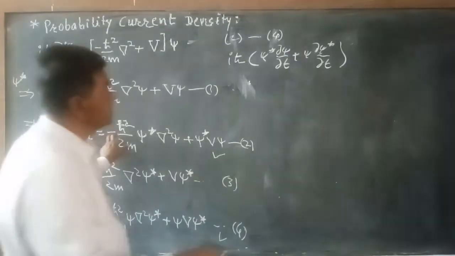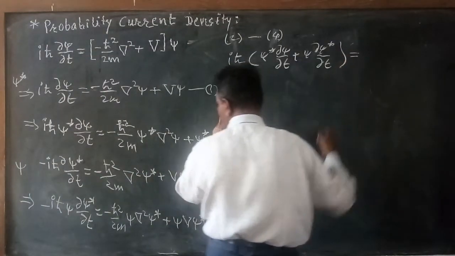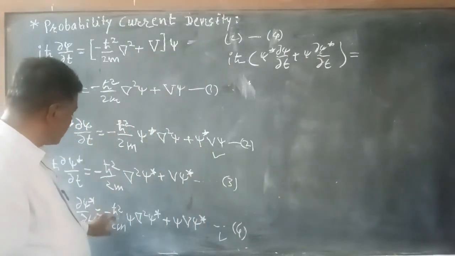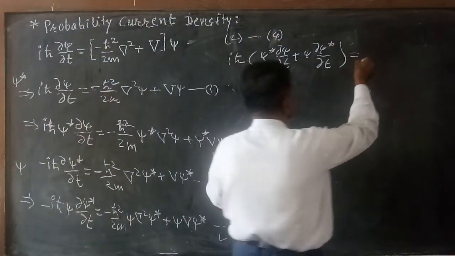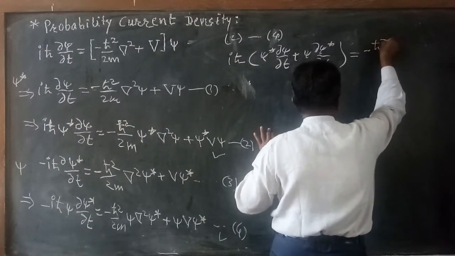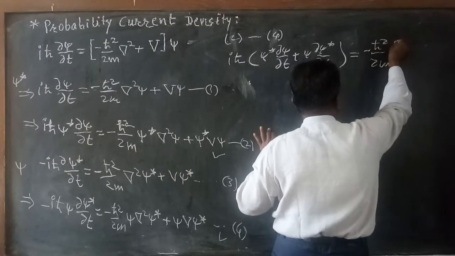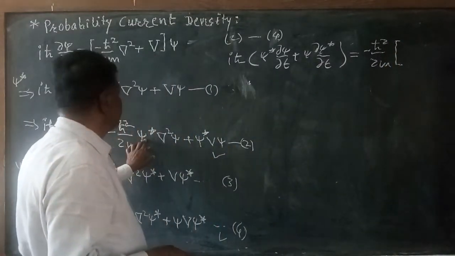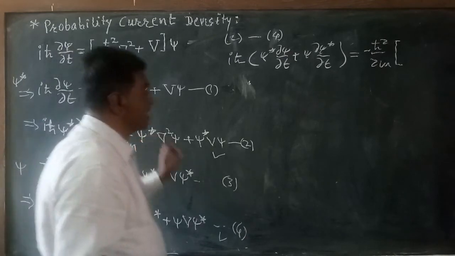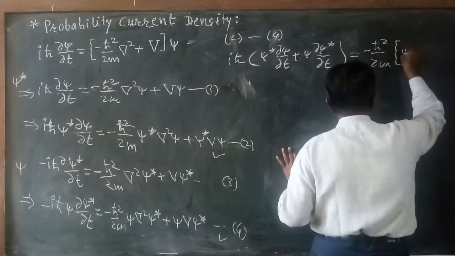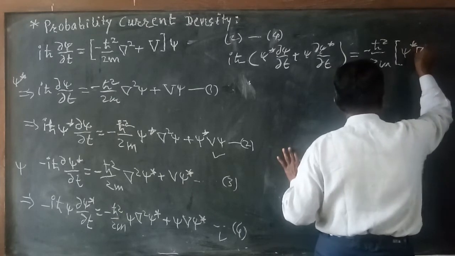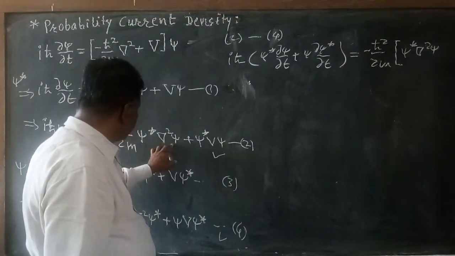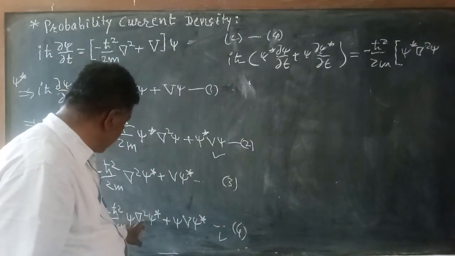So this will be equal to, you have to observe here again, minus h cross square divided by twice m is the common factor here. So minus h cross square divided by twice m as it is common factor into bracket. What remains is psi star del square psi, minus psi del square psi star.